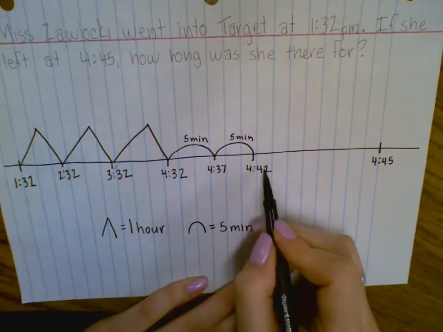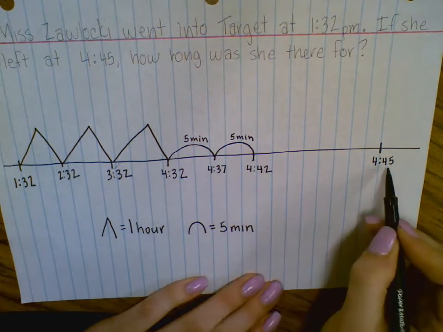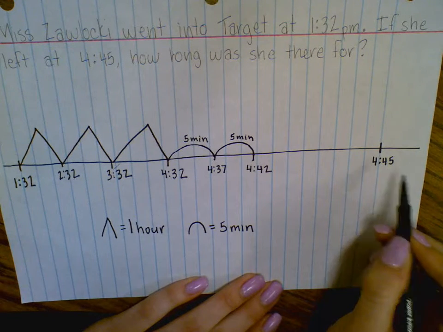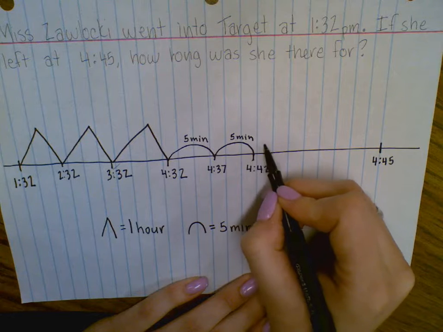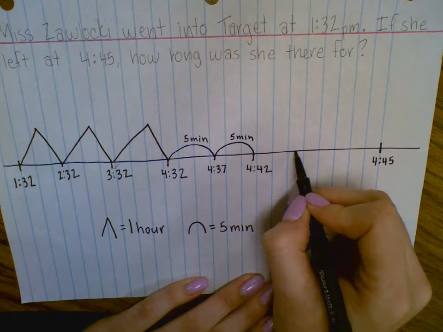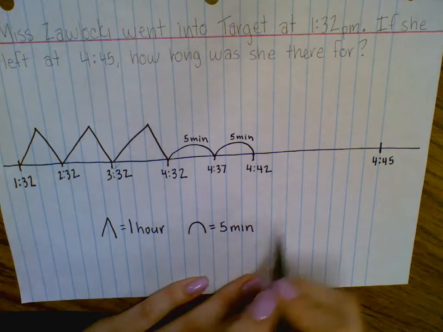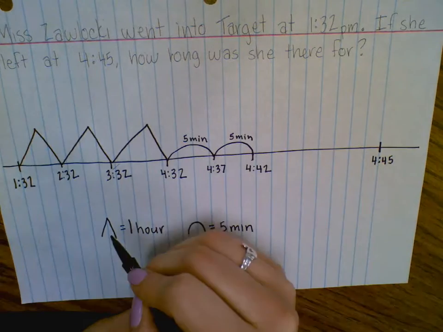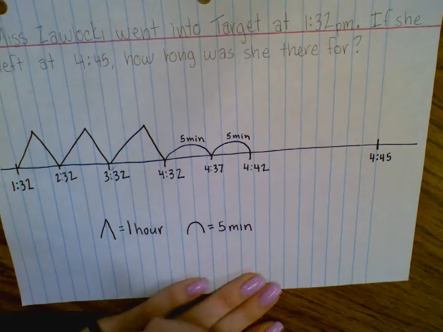So you can solve it either way. Now it's 4:42. So I'm getting a little closer, but she still hasn't left yet. So if I were to draw another hill, my time would be 4:47. Now I can't do that because she left at 4:45. So I've drawn all of the hills that I could possibly draw.